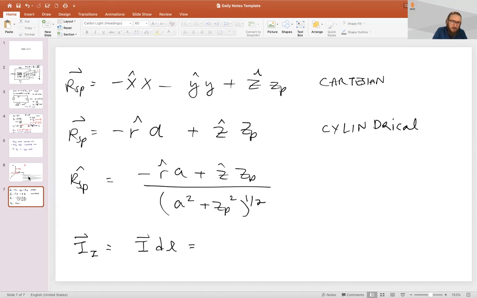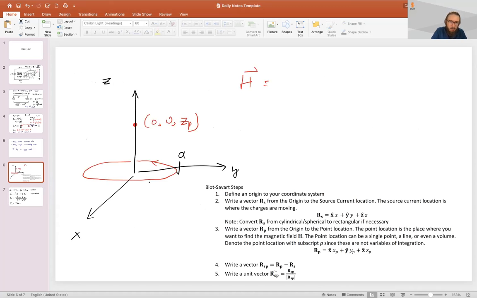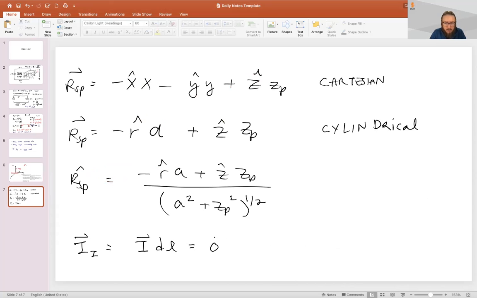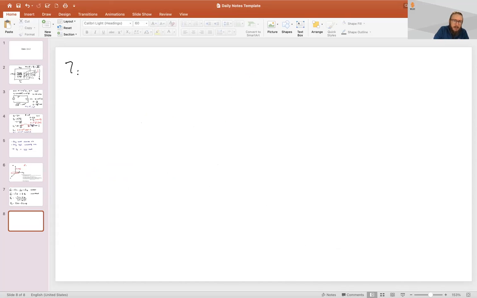So the current is moving around in the phi direction, and it has a magnitude I, and then the dl for phi is r d phi. So for step 7, when we get there, we need to take this.